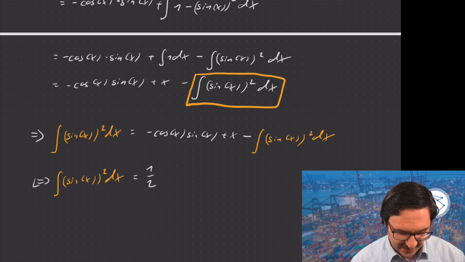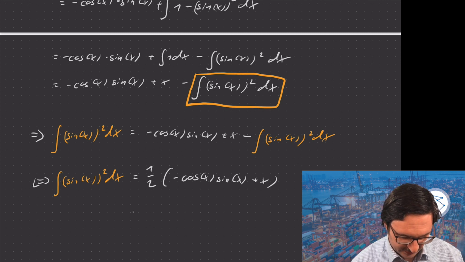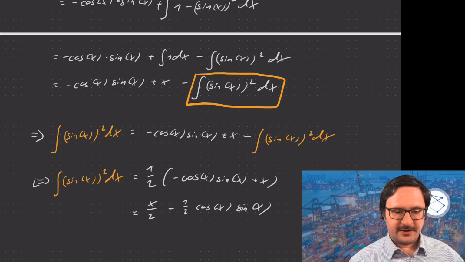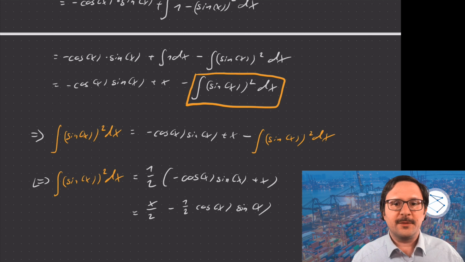So this is 1/2 times minus cosine x sine x plus x. Or in other words, let's rearrange that a little: x over 2 minus 1/2 cosine x sine x. So that's the result of this integration using integration by parts.